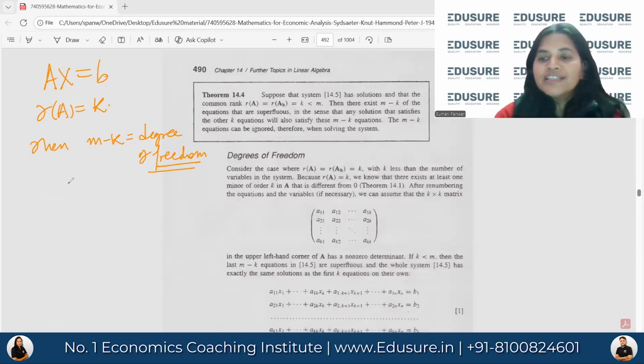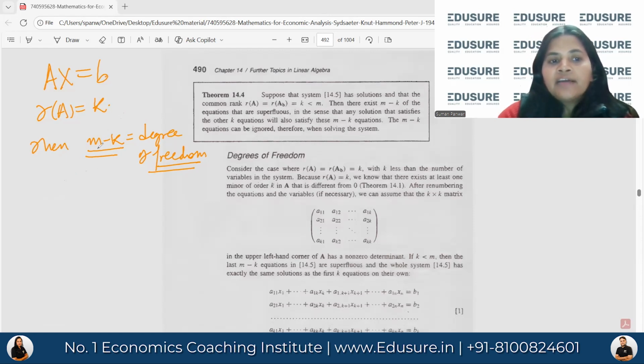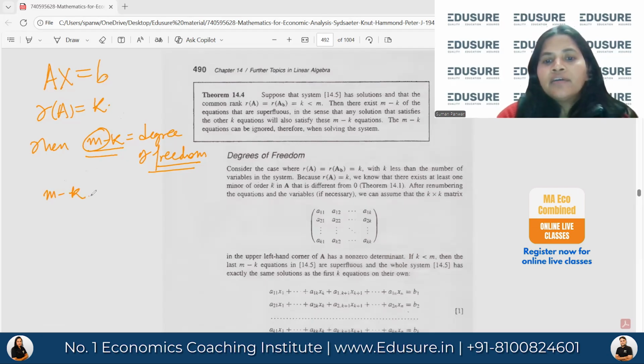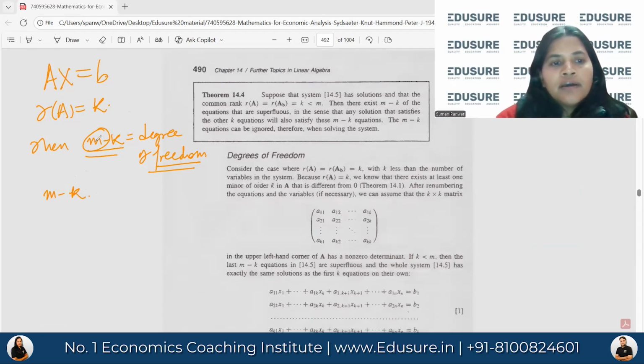You first calculate the rank of the matrix, and then n minus k, because we have m equations in n variables, so n is the number of variables. So what is the degree of freedom? If the rank of A is k, then n minus k is called the degree of freedom.